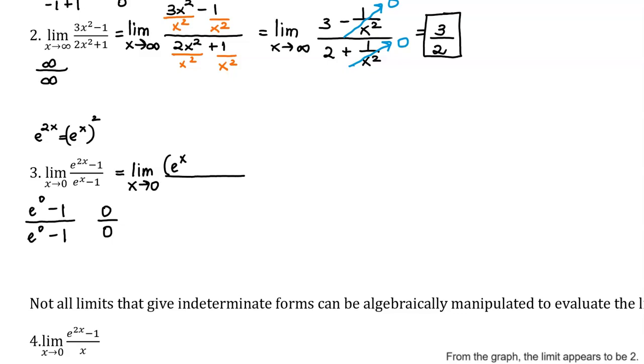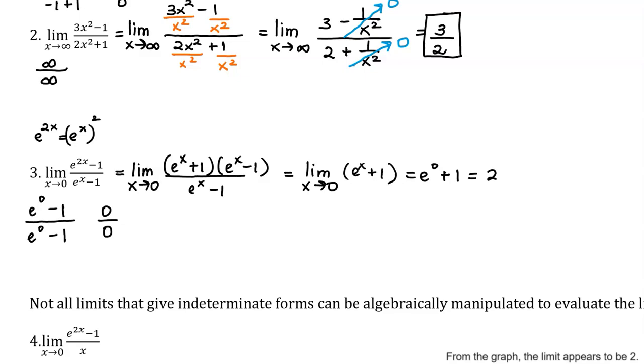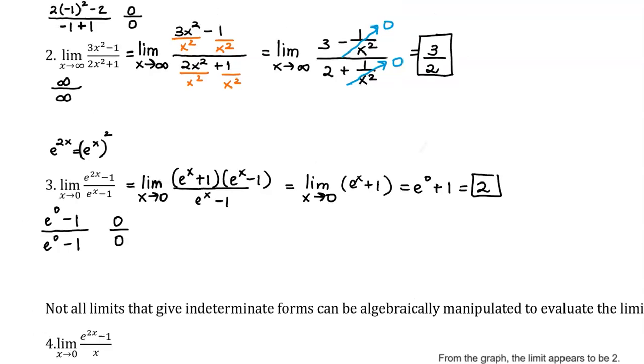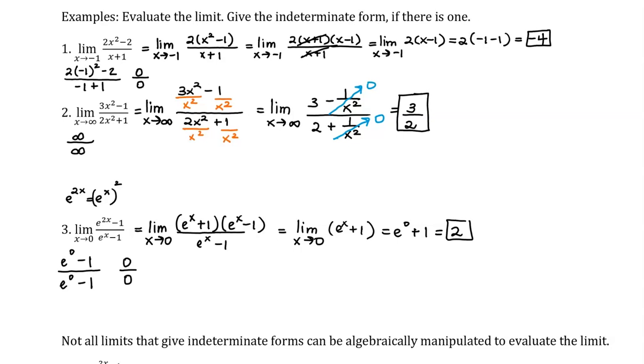So the numerator factors into e to the x plus 1 multiplied by e to the x minus 1. Then we see that we can cancel out the common factor of e to the x minus 1, simply leaving us with e to the x plus 1. Then we can apply direct substitution, be left with e to the 0 plus 1, which leaves us with a final answer of 2.